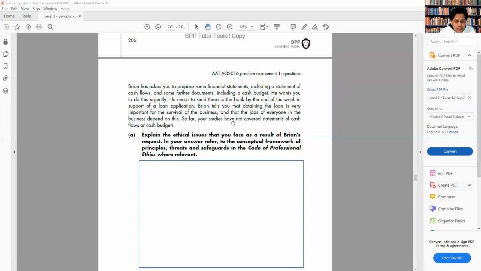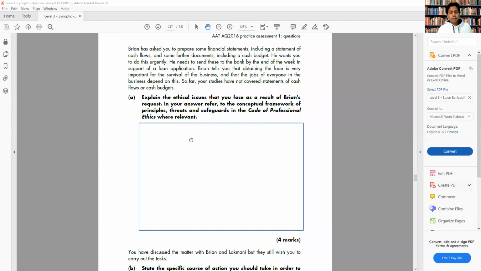So far, your studies have not covered a statement of cash flow or cash budget. So basically, Brian is one of the owners. He's asking you, can you prepare the cash budget and statement of financial position because we need a loan from the bank, and the loan is so important because everyone's job depends on that, and you never had any experience, you don't know how to make it.